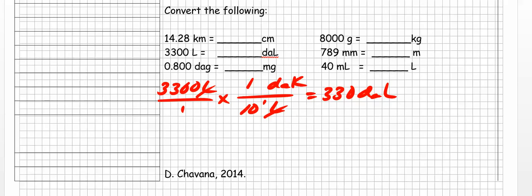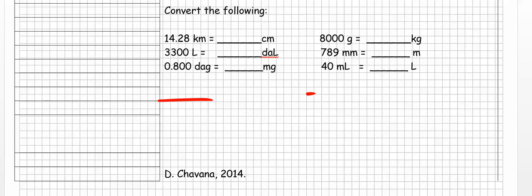Let's do one more. Here we go. Let's try this one. We've got 0.800. This is decagrams this time. So 0.800 decagrams.